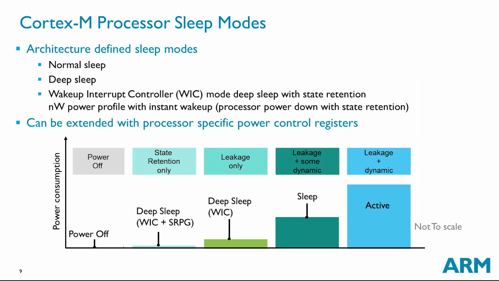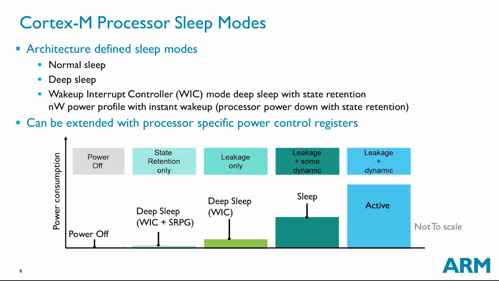Cortex-M processors have multiple sleep modes, and the processor has multiple clock signals to control those sleep modes. In sleep mode, the main system clock is disabled, but some parts of the logic, for example, the SysTick and the interrupt control logic, are still running for interrupt detection.